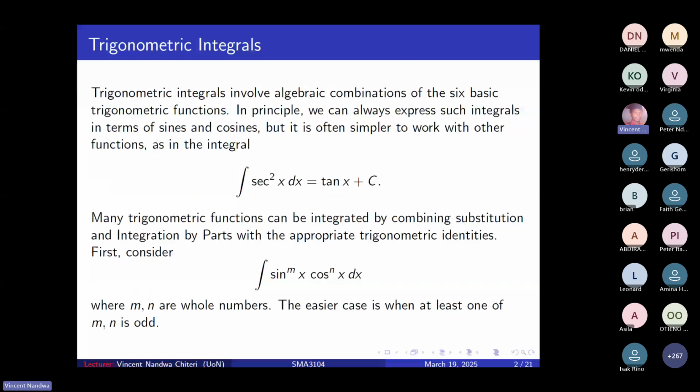Are you able to see that? That if you are dealing with two whole numbers, the structure of this integral, there are three cases. One of the powers can be odd, another one can be even, or all of them can be odd, or all of them can be even. Okay?